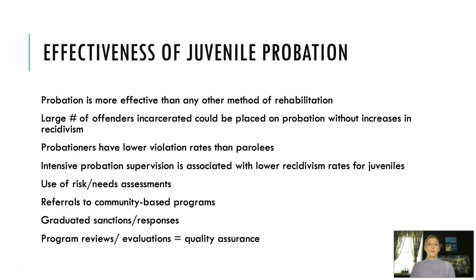And then our program, we need to make sure that we're reviewing and evaluating our programs. So in my office, we have the quality assurance unit, which I'm the supervisor of, and our job and my unit's job is to make sure that both our community-based and our residential providers are providing the services they say they're going to, and that they're providing those programs at an appropriate level to meet our youth's needs.